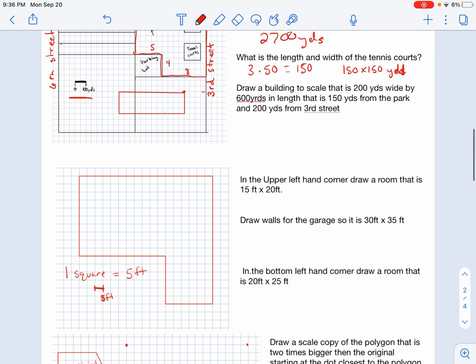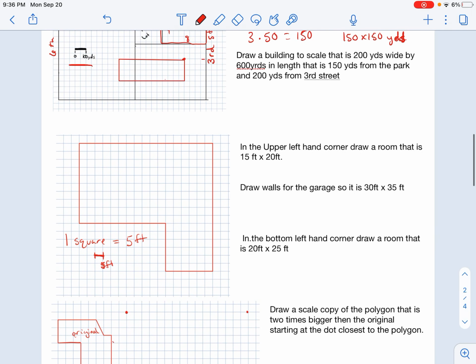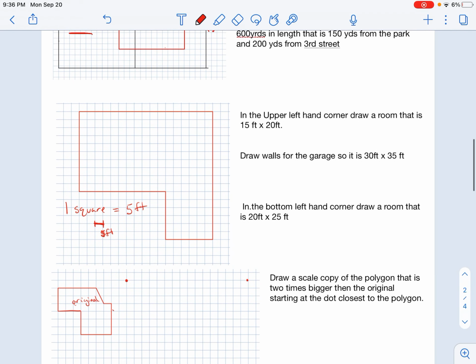Okay, so kind of keeping on this theme, we're going to use the same idea here. Right now we have an outline of a house. It tells us that 1 square is equal to 5 feet. So it says in the upper left corner, draw a room that is 15 feet by 20 feet.